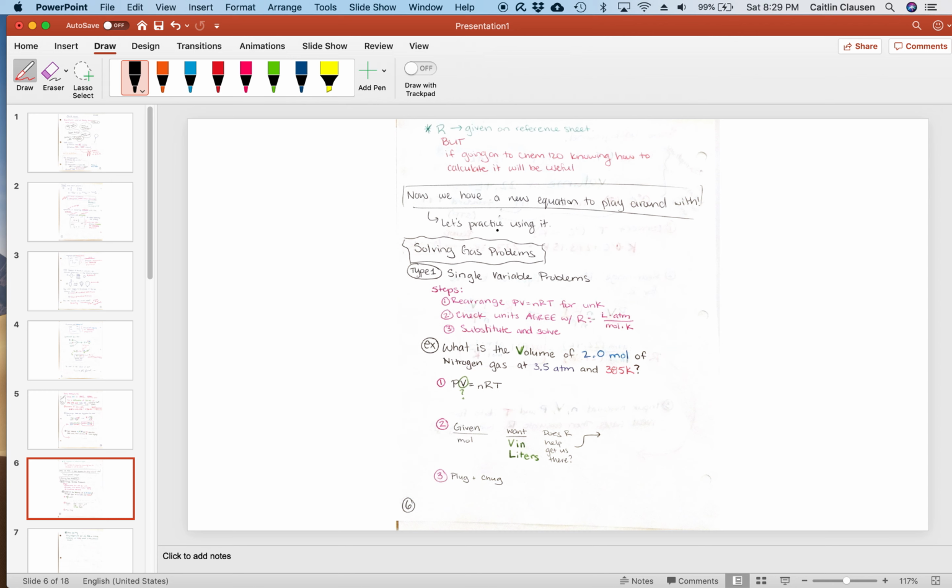And lastly, once your units match up and you know exactly what variable goes where, then you can just substitute what you have and solve for what you don't know.